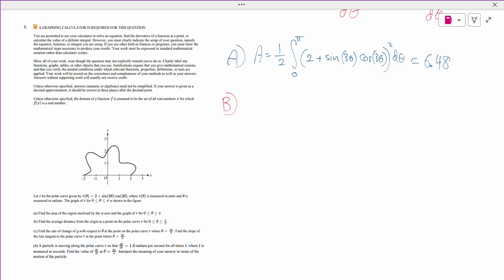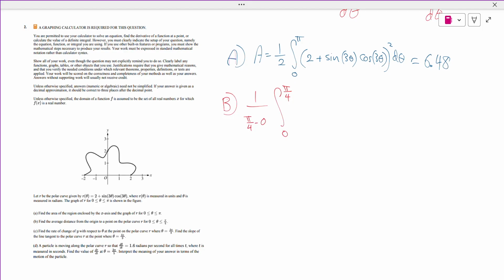So here it's going to be 1 over pi over 4 minus 0 times the integral from 0 to pi over 4. Please go back to 8.14 if you forget this concept, average value of a function over an interval.